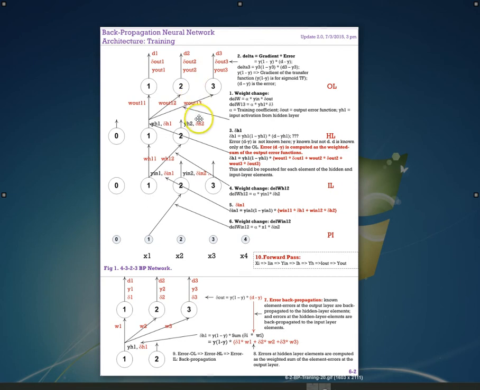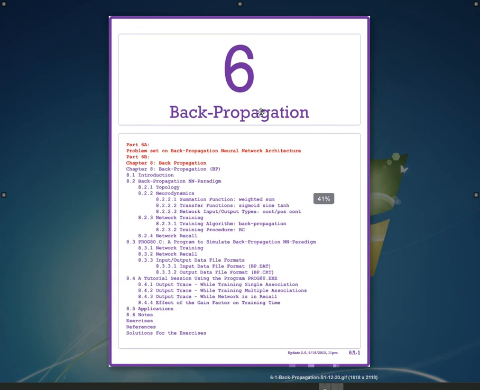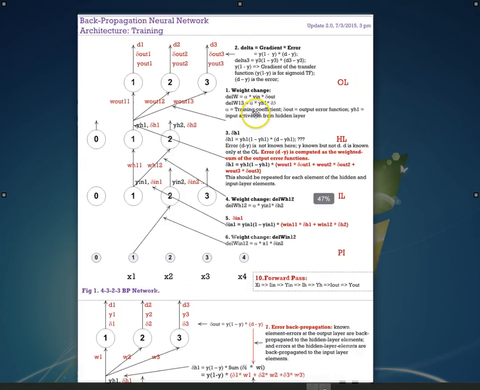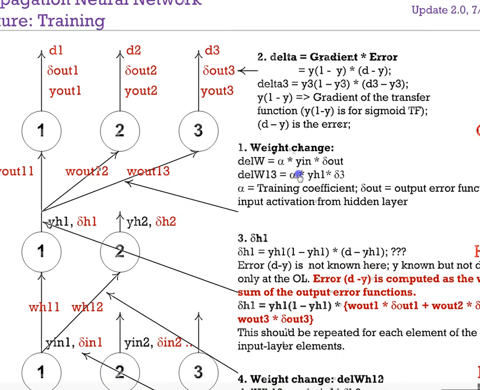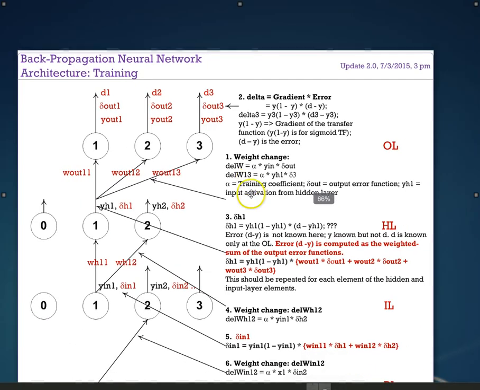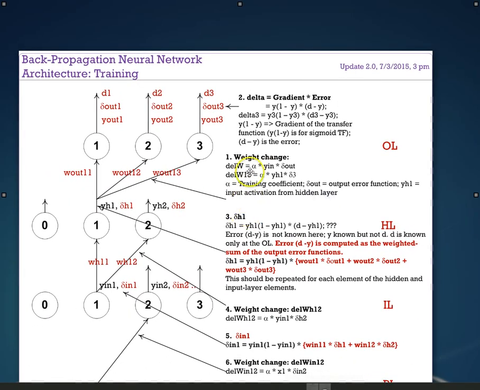Okay, the first thing that we want to do is, when you want to make weight changes to this network, the weight change del W, that is the amount of weight change that you want to make, depends on the product of three things: the training coefficient, the input activation, and what is called the error function of the output layer.